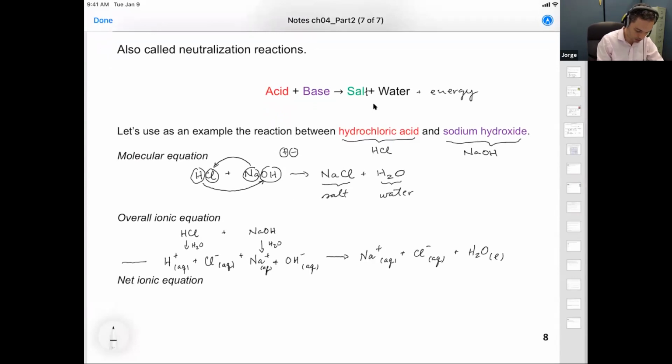So this equation over here is called the overall ionic equation. In the overall ionic equation, I have to represent the ions reacting and forming the products.